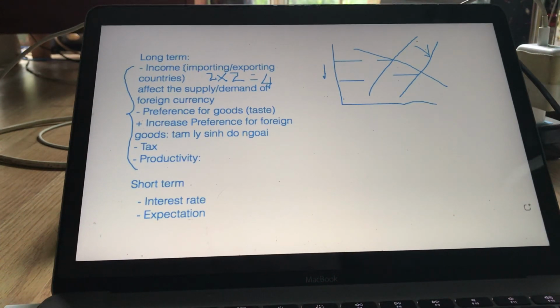Like Vietnamese people have more preference for US goods. Now the government implements a policy to encourage Vietnamese people to use Make in Vietnam products, right? So it may lead to an increase in the preference for Vietnamese products. If that happens, how does it affect the exchange rate? Is that clear? Yes. Okay, please try to do that.